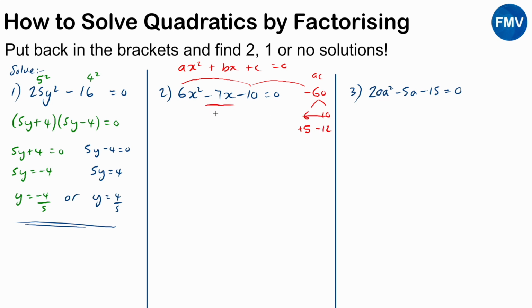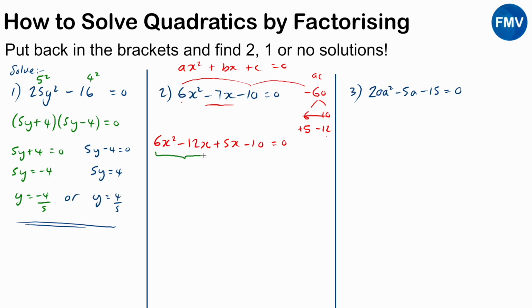In this case, we replace the minus 7x with plus 5x and minus 12x. Now, what I need to recognise is that 6 and 12 are both multiples of 6. So I will start with 6x squared minus 12x plus 5x minus 10 equals 0. Now I factorise by grouping.